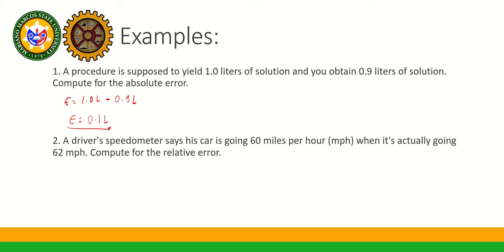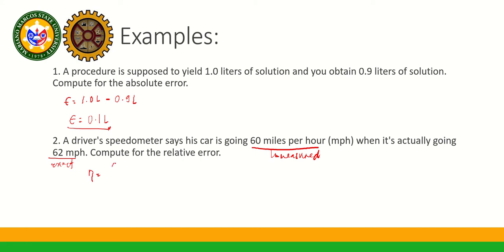Okay? So, for example number 2, a driver's speedometer says his car is going 60 miles per hour when it's actually going 62 miles per hour. So, compute for the relative error. So, ano si 60 miles? 60 miles is our measured, measured in the speedometer, and our exact value or true value is 62 mph. Sorry, this is our exact value. So, what is the formula in getting the relative error?